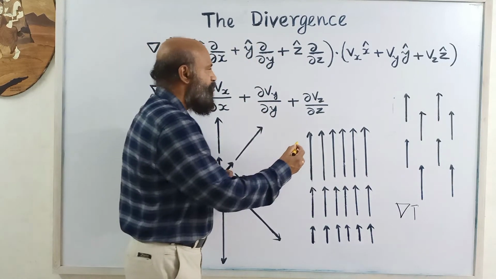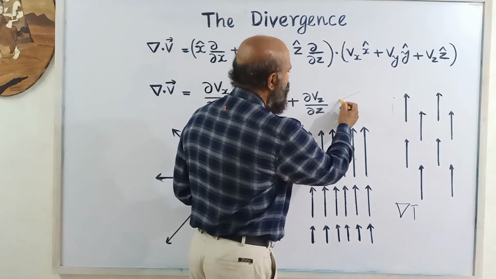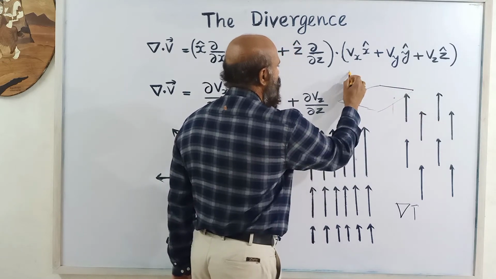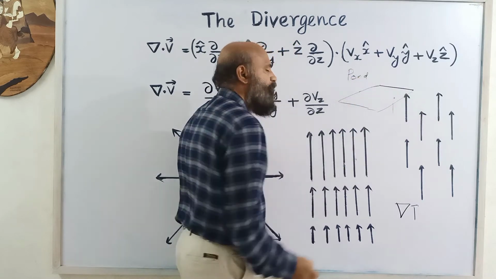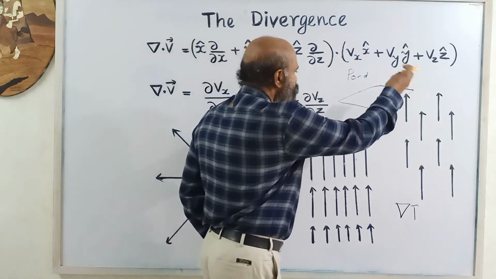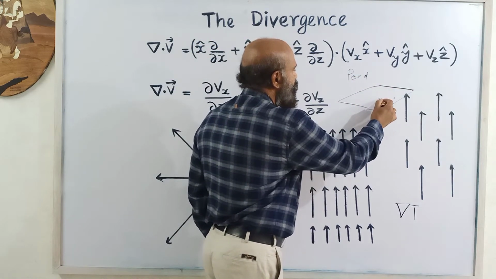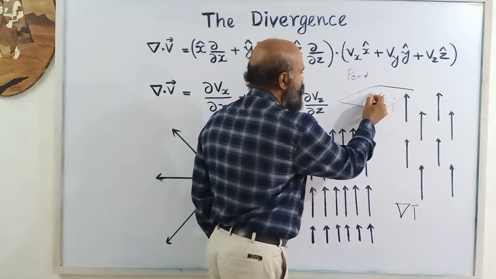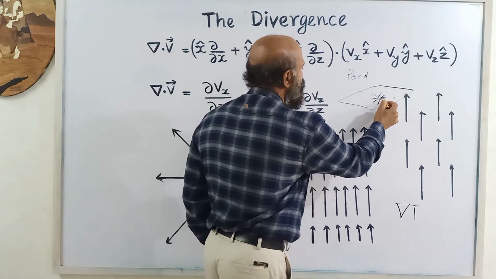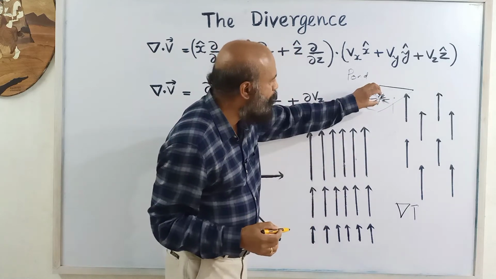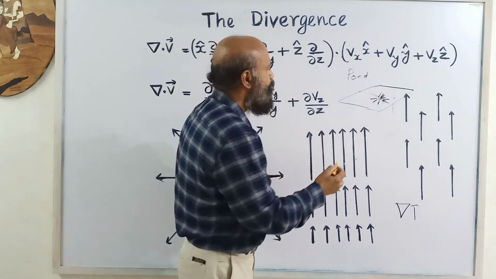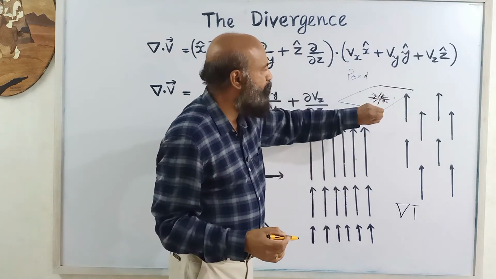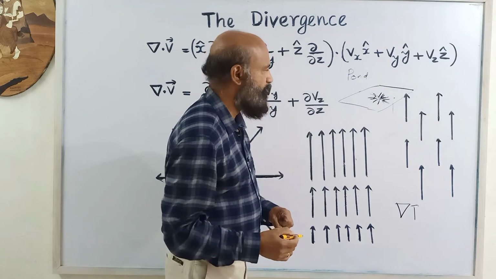To understand that in a better way, consider you are standing at the edge of a pond, and you drop some sawdust. If it spreads out, then it has got positive divergence. If it is collected together at a point, it is negative divergence.